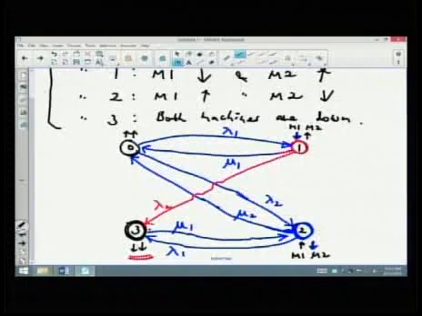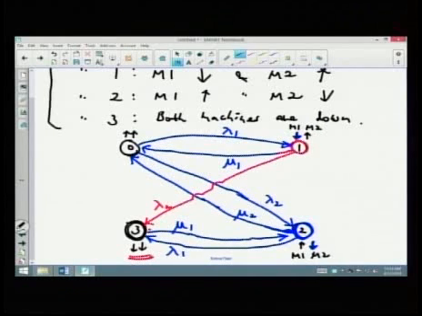Let's see what transitions occur. I think we already addressed everything, right? Starting from number 3. Because we addressed this, we knew that from state number 3 to 1 never happened, right? So I believe we've done all the transitions.